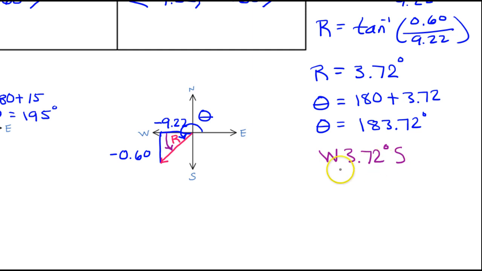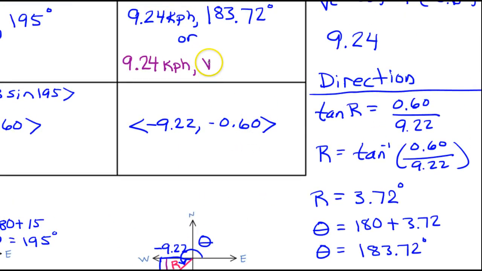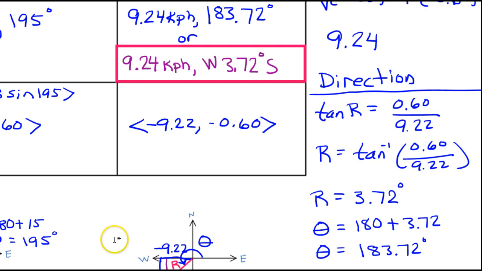So this is the way that we need to write the direction in our final answer. So west 3.72 degrees south. Go ahead and put a nice box around it because this is the final answer.